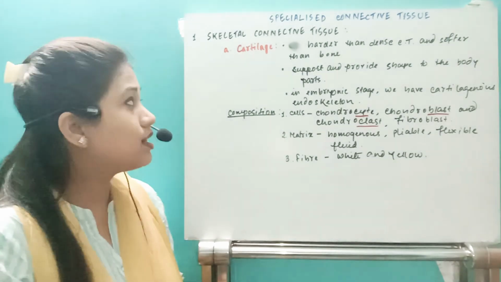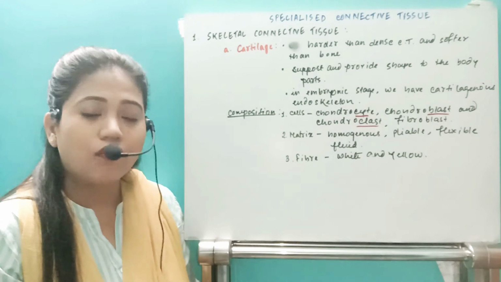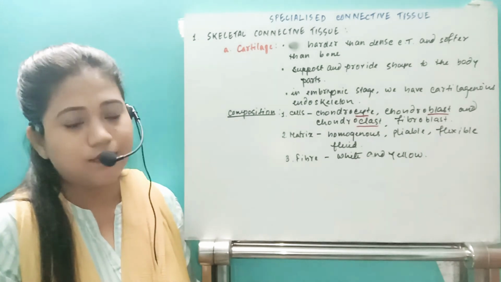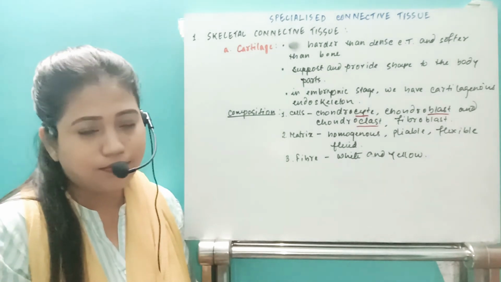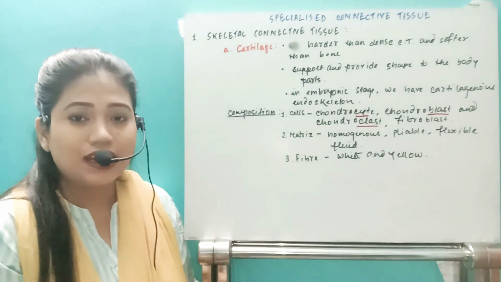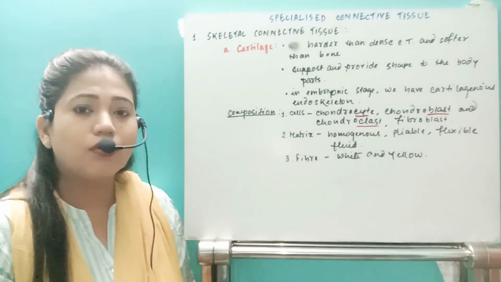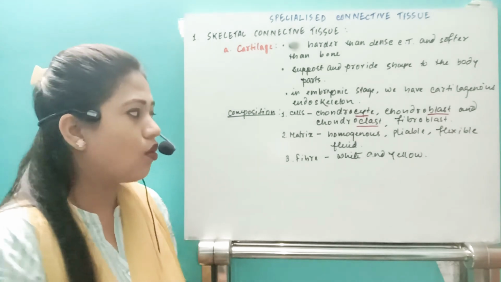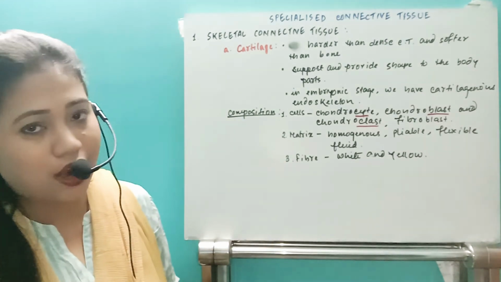Now, depending upon the types of cartilages, our fibers are going to vary. In some of the cartilages, very few fibers are present. If it is another cartilage, then the fiber component will be very high. So depending upon the fiber content and also the matrix, we are going to have three types of cartilages.